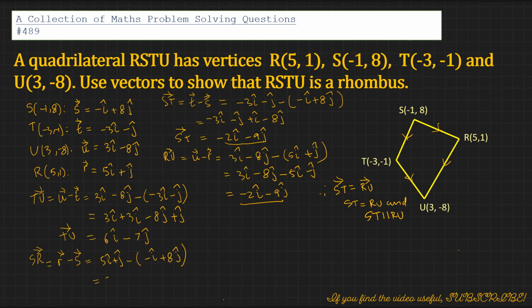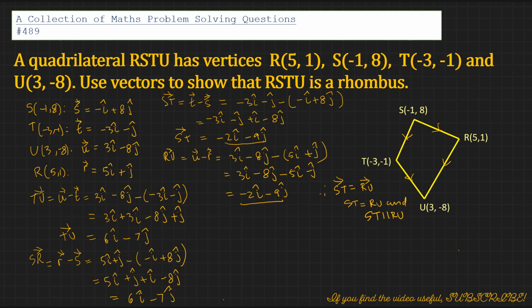That equals 5i plus j plus i minus 8j, and 5i plus i is 6i, and then minus 7j.